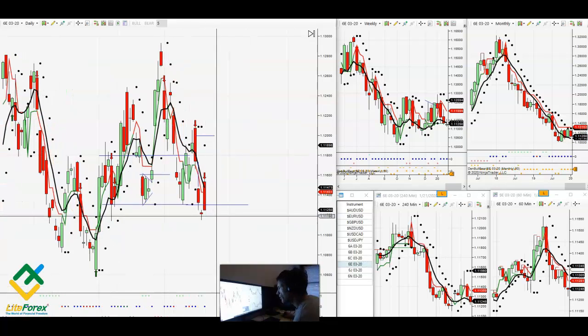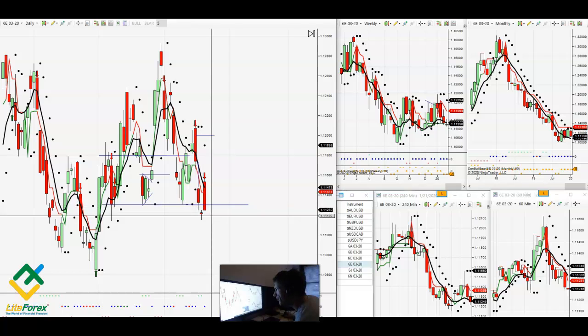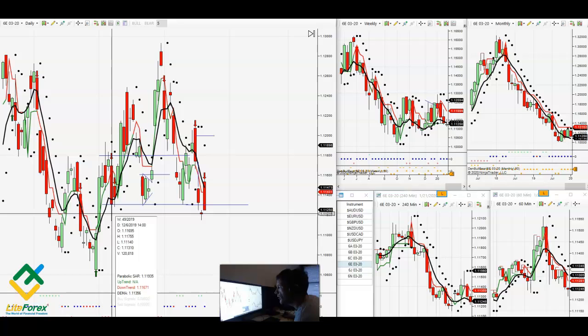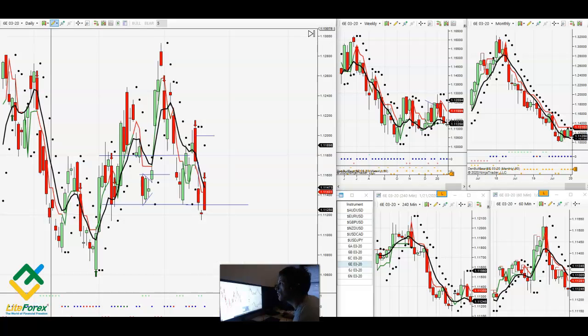Here's the euro futures, and it is busting through this support price I drew in. We definitely have to watch this price, and then we have to check this price out here. You see the low 1.11140, the low 1.11150.